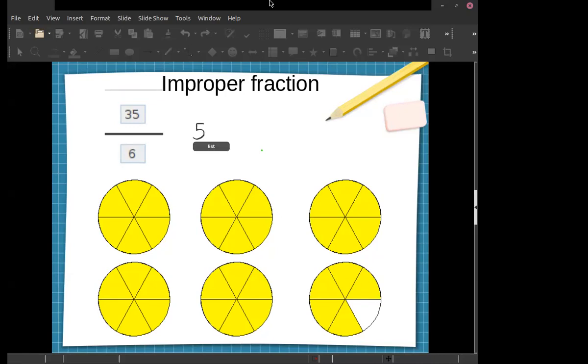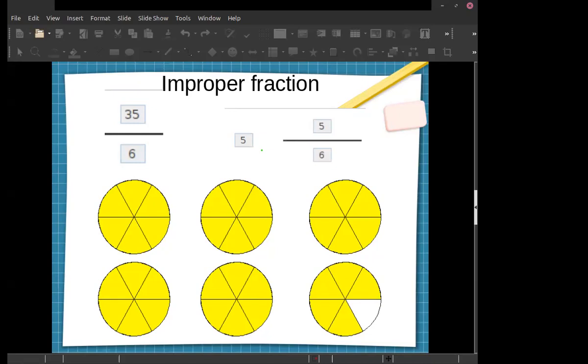You see here, somebody is doing something. Good. Very good. Okay, Photo gave the answer already. So we have 5, 5/6. Okay, very good.